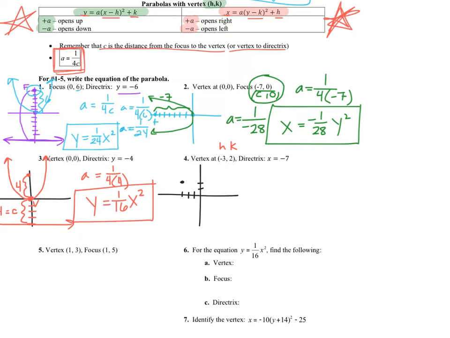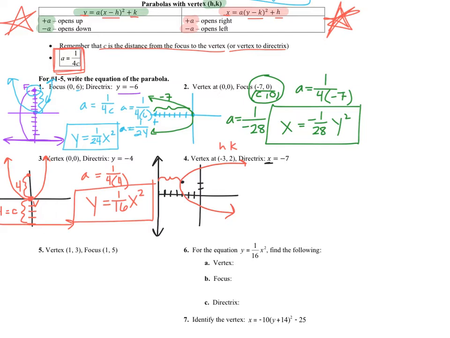And then x equals -7. That's a vertical line, x equals. So 1, 2, 3, 4 more would be -7. So here's your directrix. Okay, that means my parabola has to go this way because we can't hit the directrix.